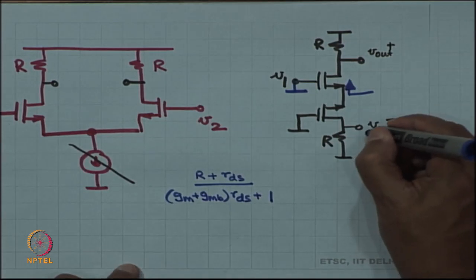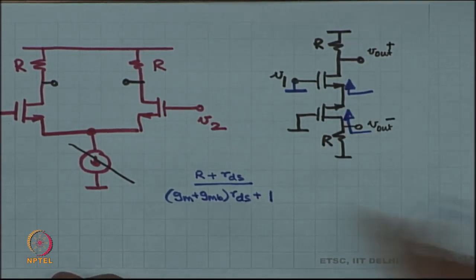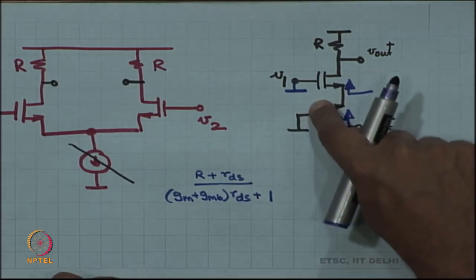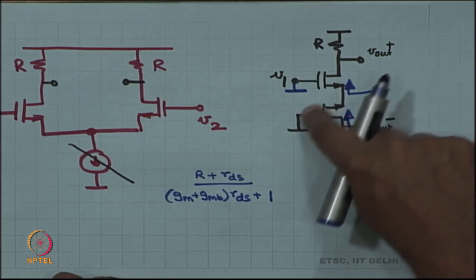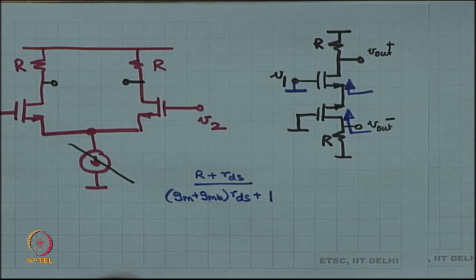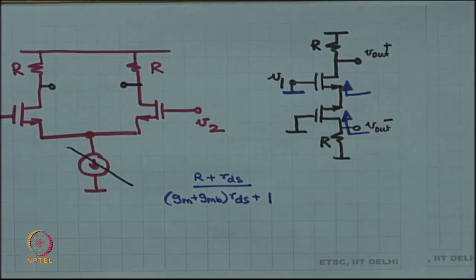And now you can figure out what is the impedance looking up on this, right. It is going to be the intrinsic gain of this MOSFET times the impedance on the back side plus RDS.